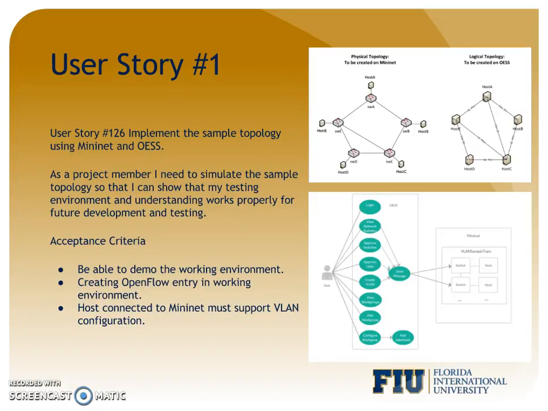So user story 1 was to implement a sample topology in Mininet. So Mininet is a virtual machine that allows you to create virtual network topologies, and this is something that we needed because what we have is a network topology called AMLite.